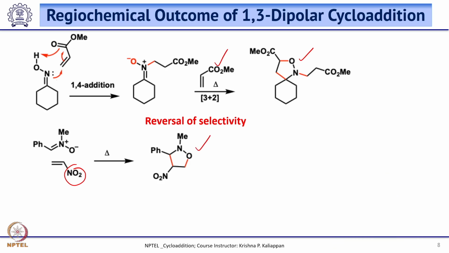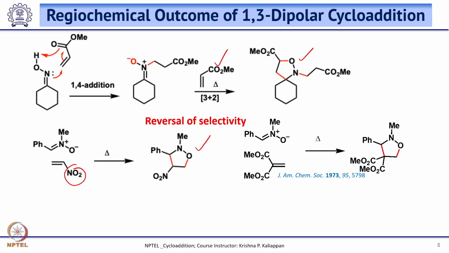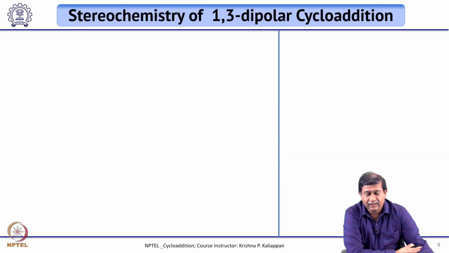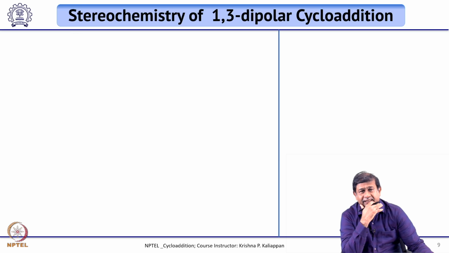Okay, nitro is a very powerful electron withdrawing group. Or instead of one ester, if you have two esters, then that will make sure that this carbon is electron deficient, and obviously you get only this regioisomer. Okay.